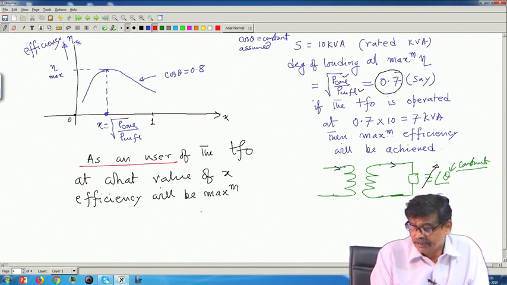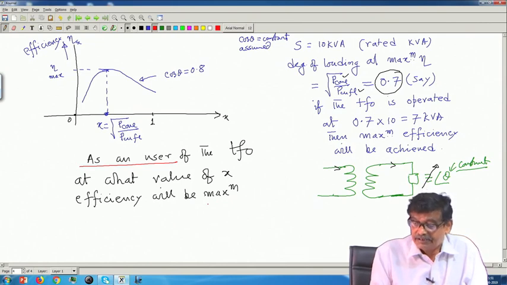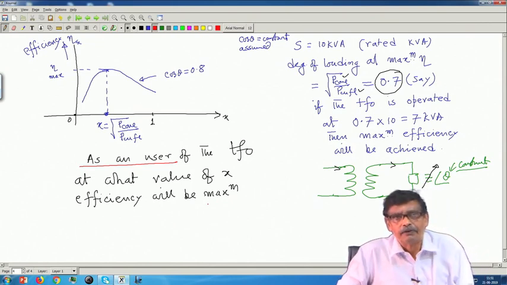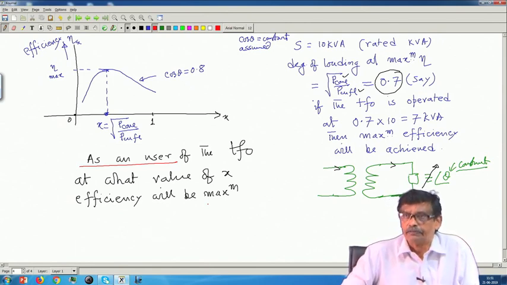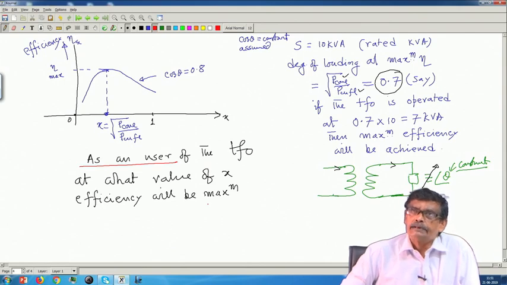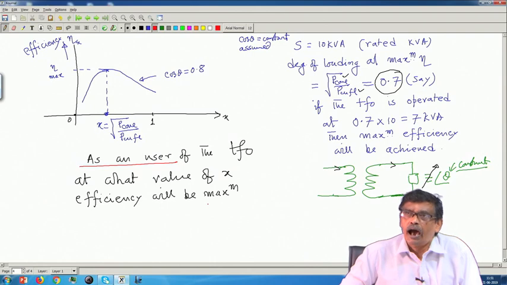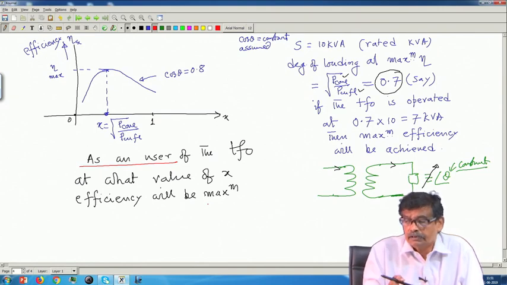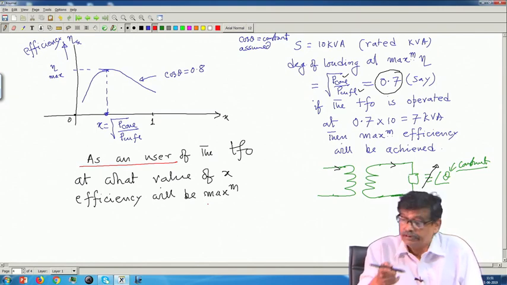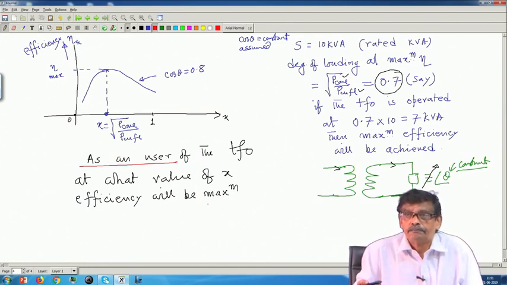So, these are the things which we will discuss, very interesting point. When you purchase a transformer, you know for what use you will be using that transformer, and whoever is the manufacturer of the transformer, I will ask while purchasing the transformer, look here, you design a transformer whose maximum efficiency should occur at so much value of x.